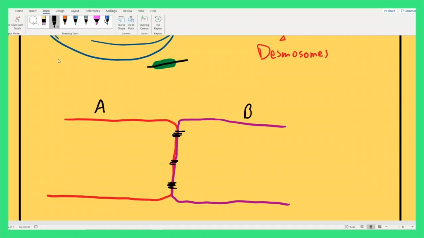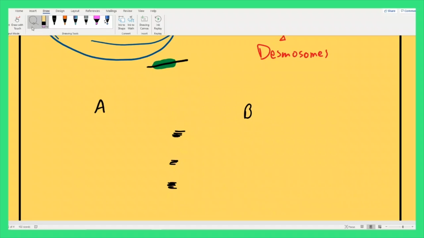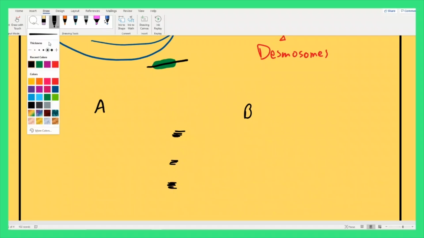I don't know how well I'm going to be able to draw this here. The whiteboard tends to work a little better. Let me take away my two cell membranes and redraw them, hopefully, knock on wood, a little better.